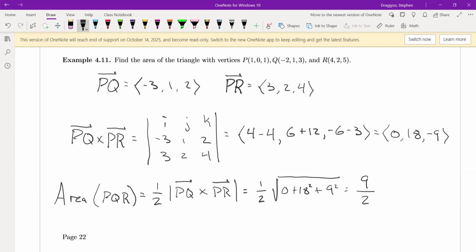And they're both squared, so I can remove them. That'll leave me with 0 plus 2 squared plus 1 squared. And I think that's 5. So 9 over 2 root 5. I think that step's sort of optional, but again, didn't want to get a calculator. And I didn't want to have to remember 18 squared. Fortunately, I didn't have to.